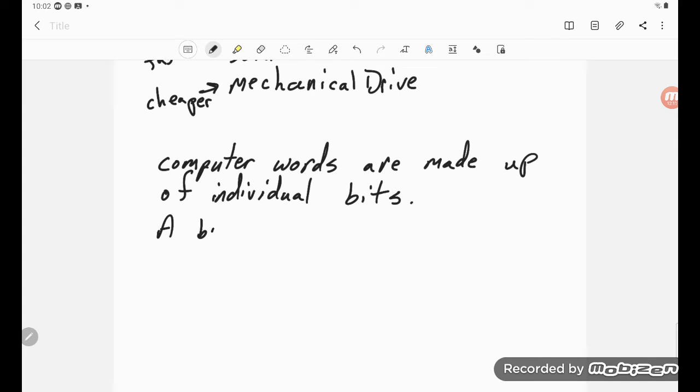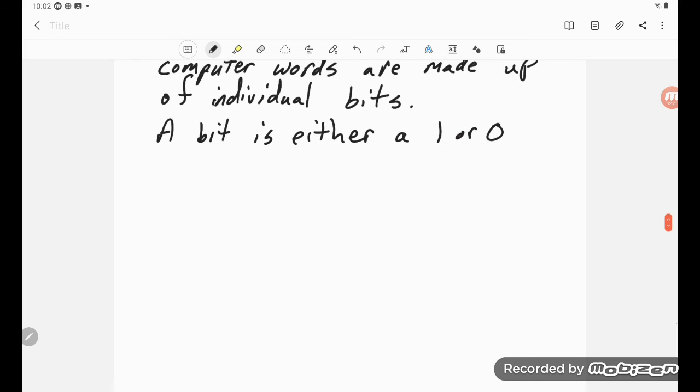A bit is either a 1 or 0. It's either on or off.